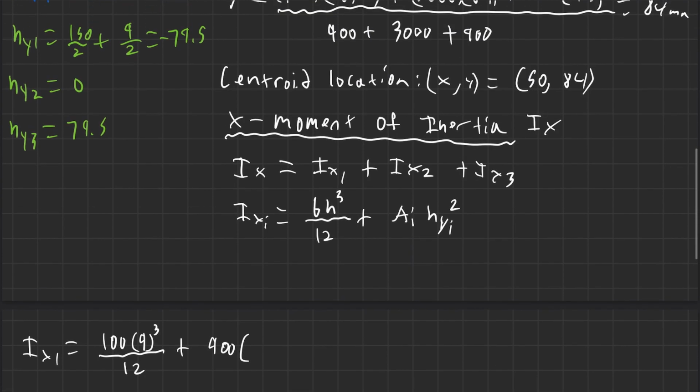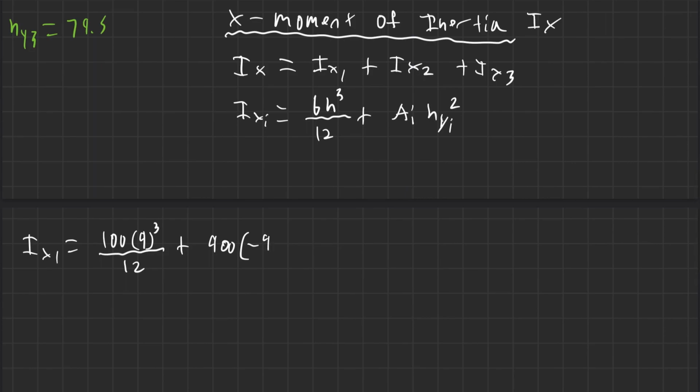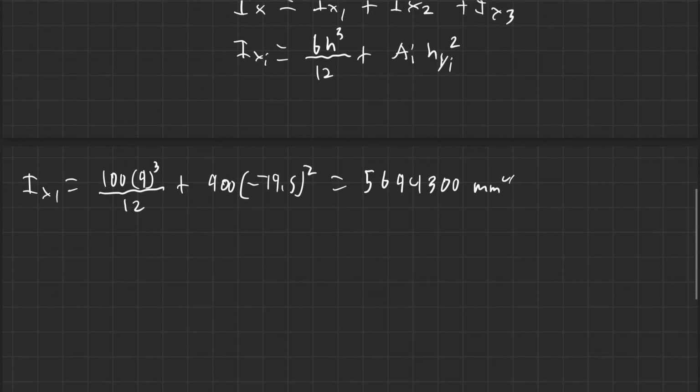So hy1 is equal to negative 79.5. Now the negative doesn't matter for these calculations because it's squared. So when you calculate that out, you're going to get that.